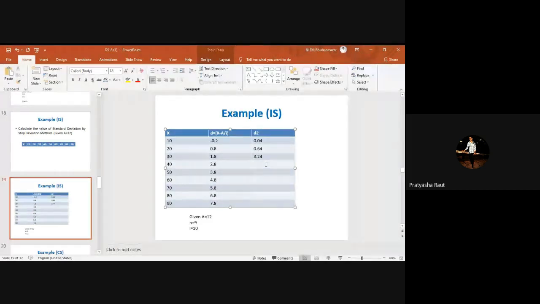10.84. 32.0. Point how much? 3.04. Next one, 5.8. 33.64.